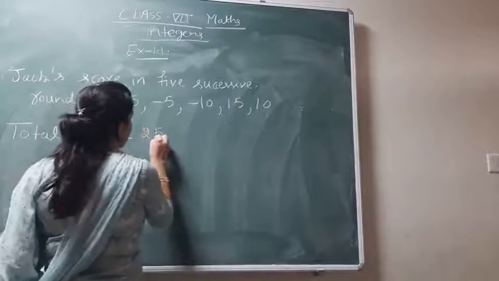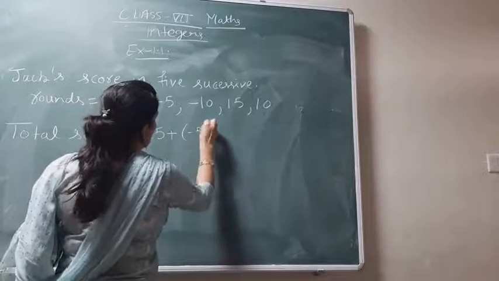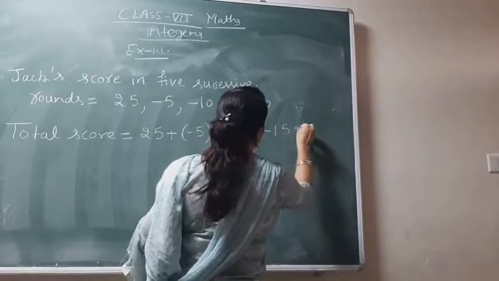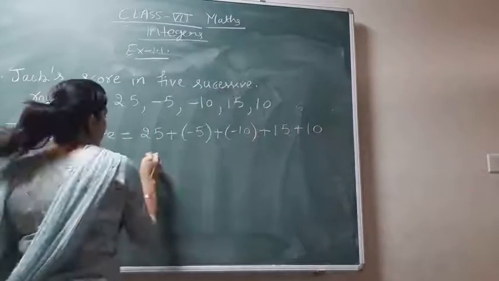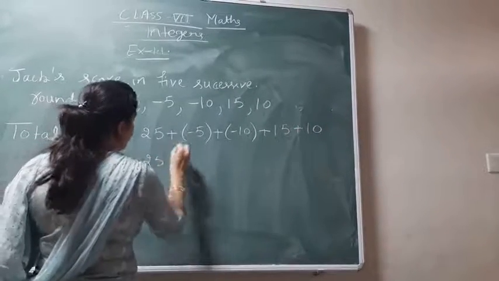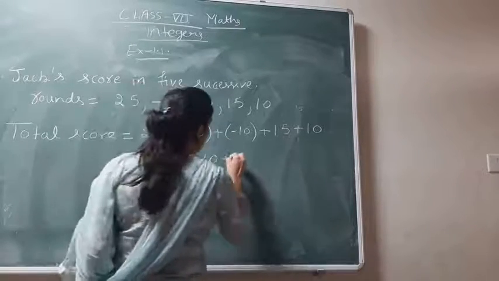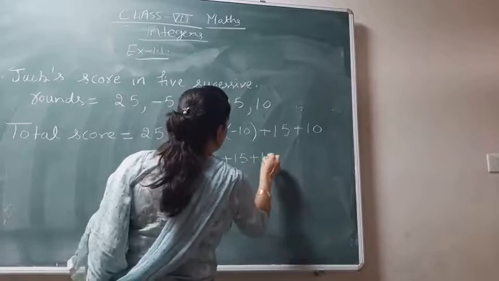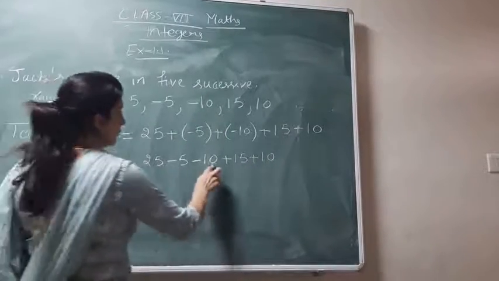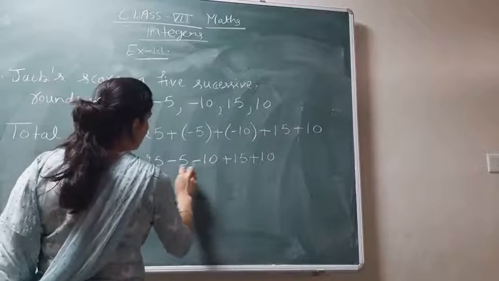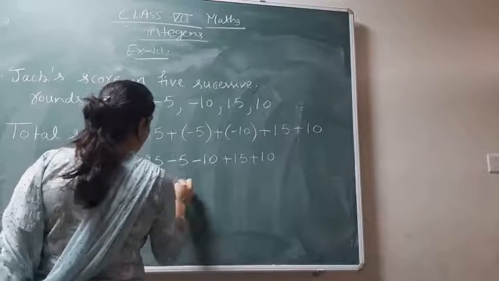So 25 plus minus 5 minus 10 plus 15 plus 10. We will take positive terms together and negative terms together. We have positive terms 25, 15, 10, and negative terms minus 5, minus 10.